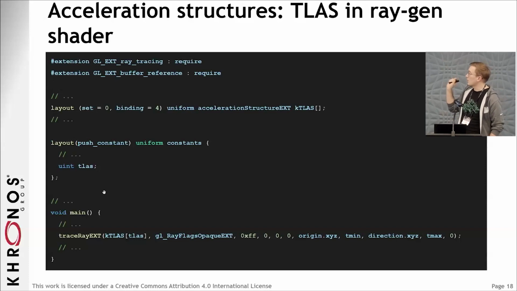We have arrays of them, and we address them by index. In this example, you will see that we pass the index of the TLAS to the shader using a push constant, and later in the ray gen shader, we use this index to get the TLAS we want.